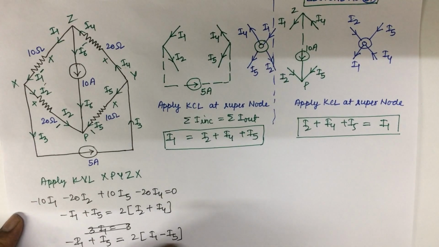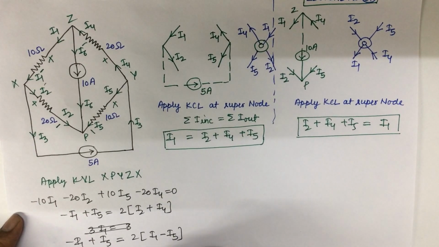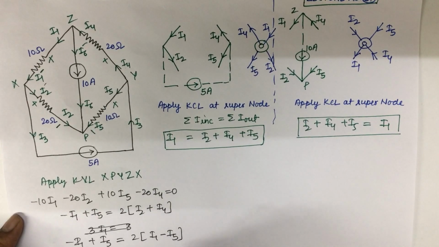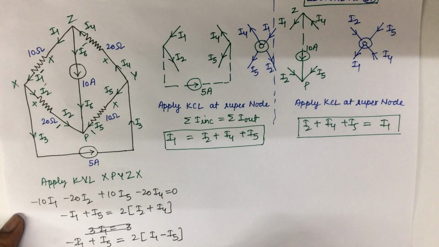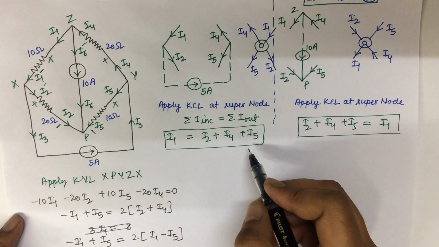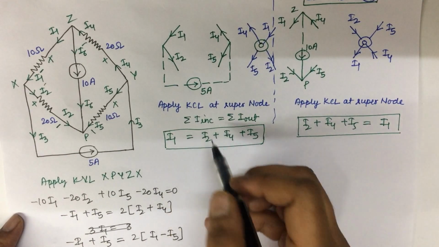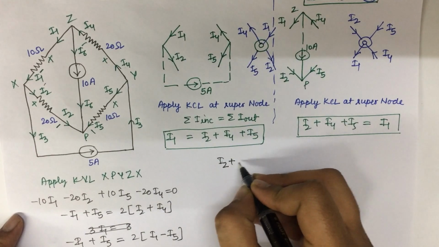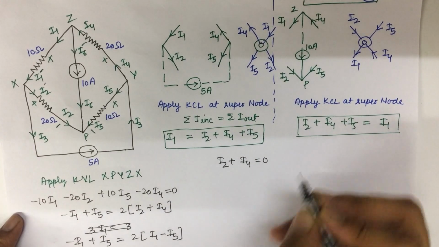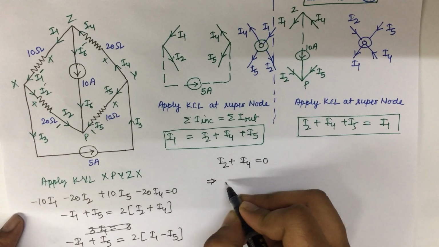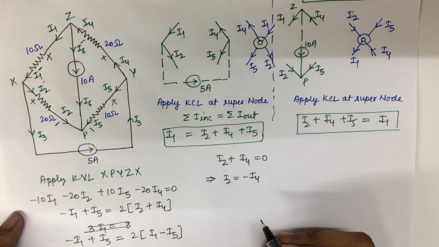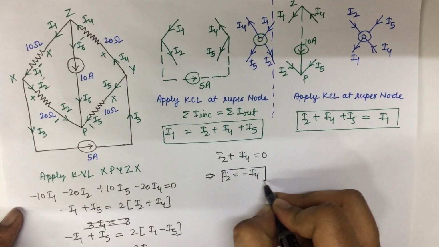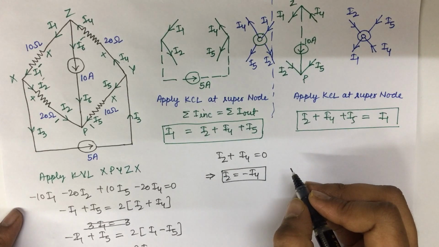In this way we get 3 I1 is equal to 3 I5, and we can write I1 is equal to I5. Now putting I1 equal to I5 in this equation, we get I2 plus I4 is equal to 0. After solving, I2 is equal to minus I4. So here we derive one more equation.